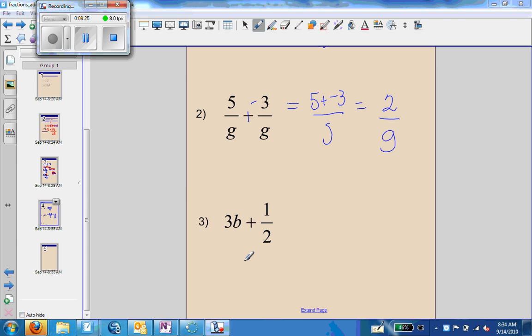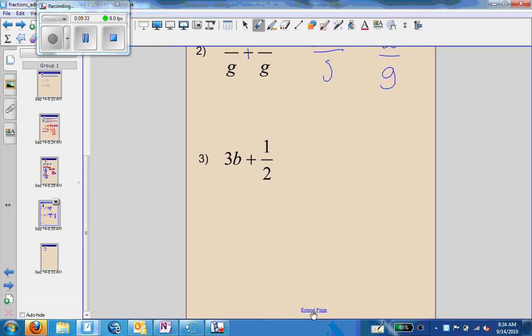In our last example on this page, we have 3b plus 1/2. Now here we're going to have to get common denominators, so this one's a little harder. So what we're going to have to do is multiply 3b times 2 over 2. 3b is over 1. It's a whole number. It basically means 3 times some number. So we have to put that over 1 and then multiply by 2 over 2, so we'll have a common denominator of 2.